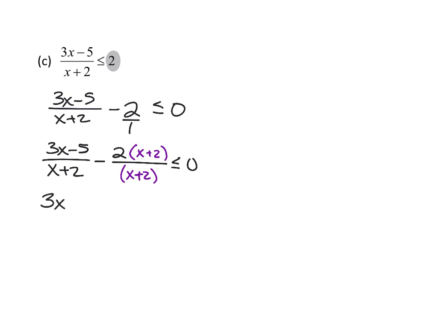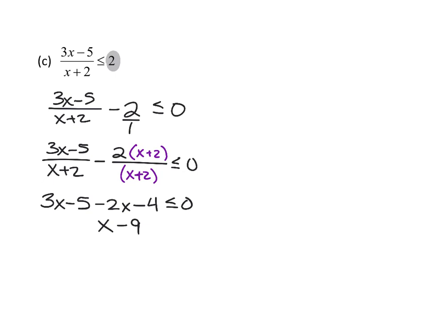This is going to be 3x minus 5 minus 2x minus 4, distributing the negative 2, less than or equal to 0. So if I combine all of that, 3x minus 2x, that's just x, and negative 5 minus 4, that's negative 9.